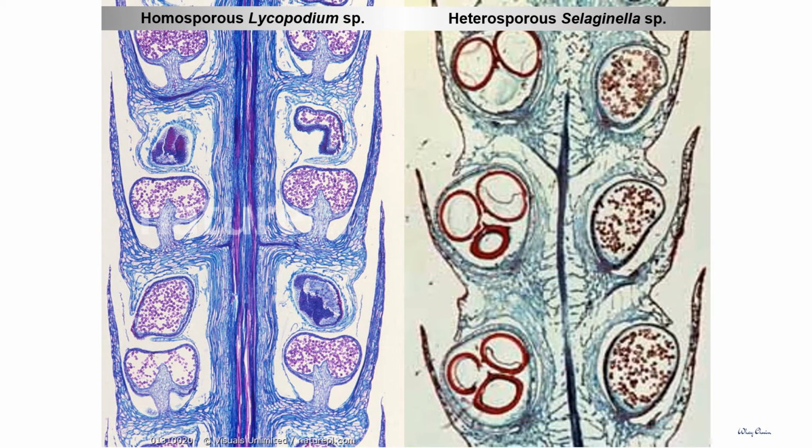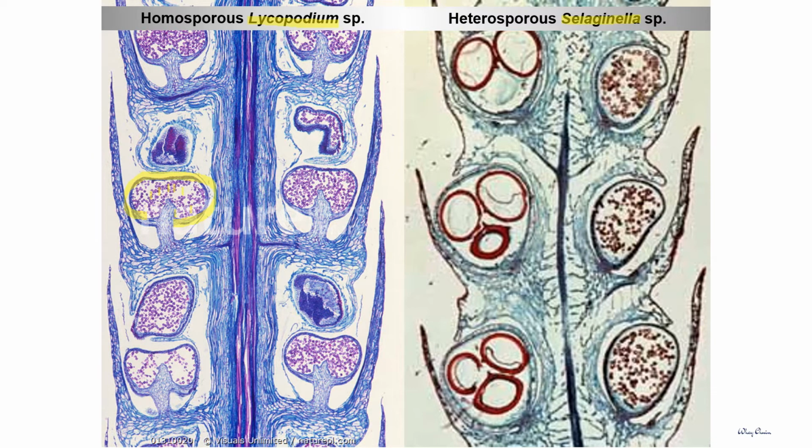These are the micrographs of two different types of species. The homosporous Lycopodium species, where we can notice that within the sporangium, each of the haploid spores are similar in size. And we have another type which is heterosporous Selaginella.